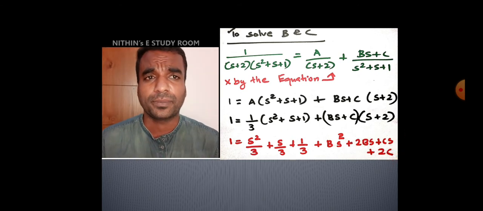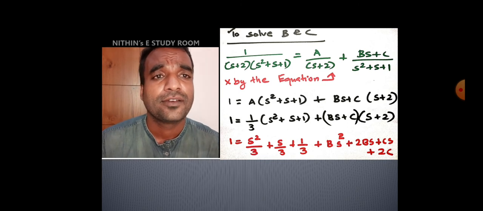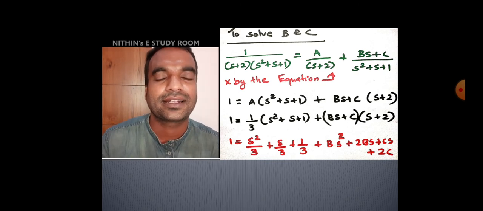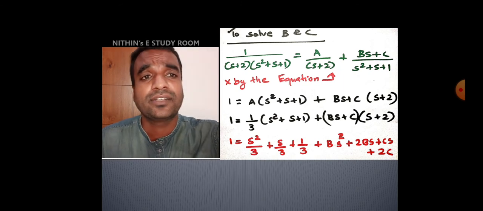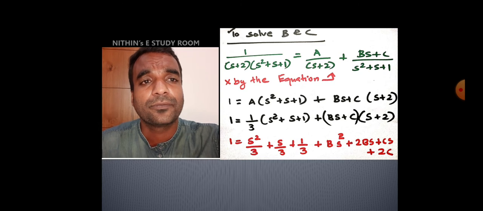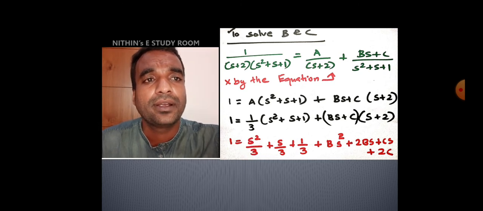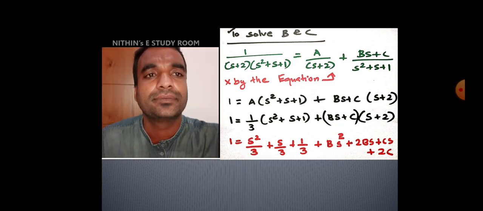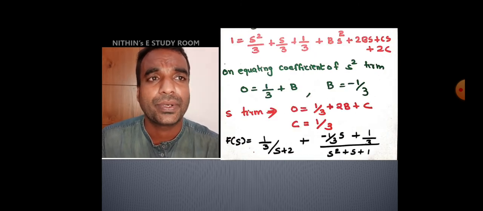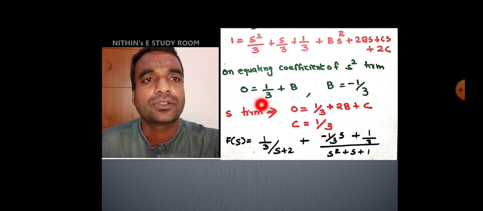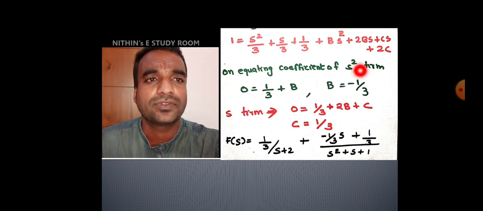Now compare the coefficients of s square on the right side and left side. On the left side there is no s square, so it is 0. On the right side the coefficient is 1 by 3 plus b. So 0 is equal to 1 by 3 plus b, so b is equal to minus 1 by 3.